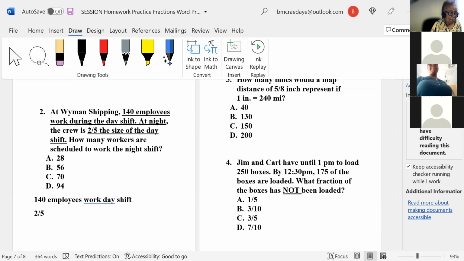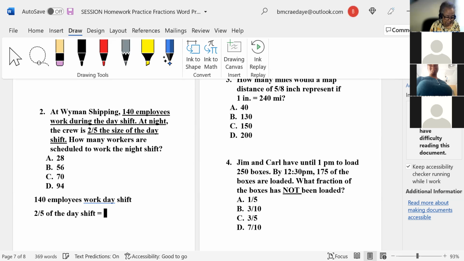The 2/5 represents 2/5 of 140. At night, the crew is 2/5 the size of the day shift, right? So 2/5 of the day shift is equal to the night shift.